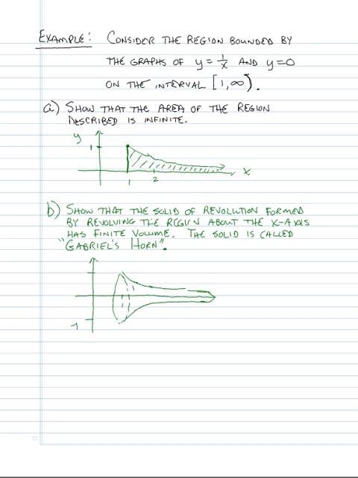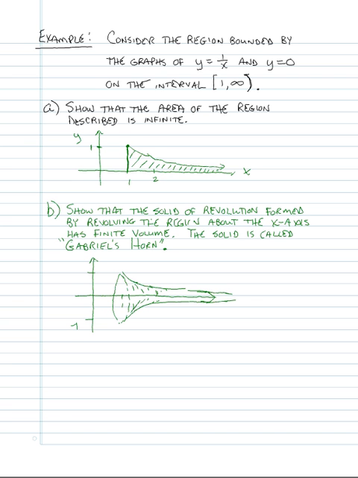Okay. And so this is infinite, whoops, it doesn't stop. Okay, I've got that arrowhead that it's hard to see. It's an infinitely long solid that has a finite volume. Okay, Gabriel's horn is an infinitely long solid.